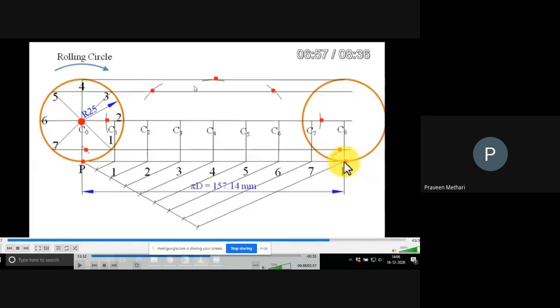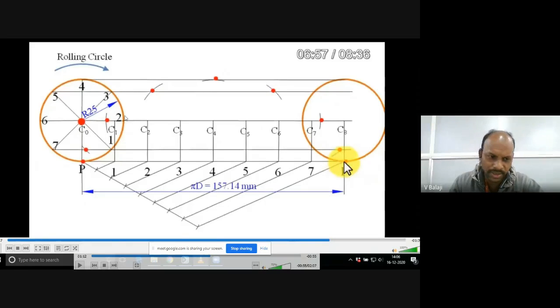Sir, can you tell cutting an arc from 1 to 7? 1 to 7, actually 1 to 1 only. You have to say 1 to 1, 2 to 2, like that you have to think, okay? So first C1, if you take your compass at C1, cut the first line. First line means line 1 and 7, okay? So cut somewhere here, like that.